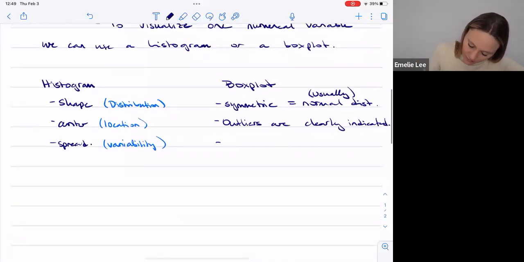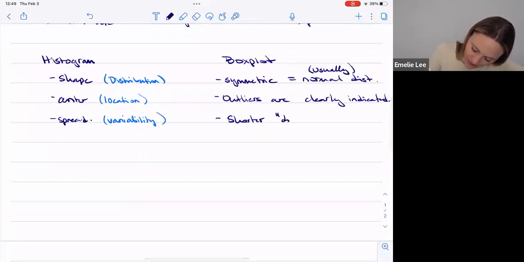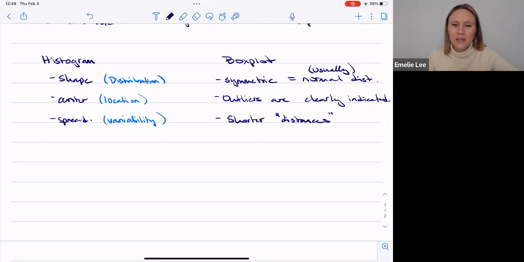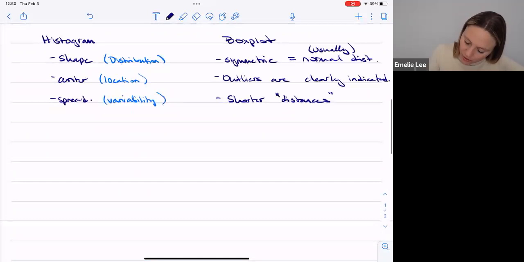So shorter distances, in air quotes because it's not technical, indicate dense data points, right?